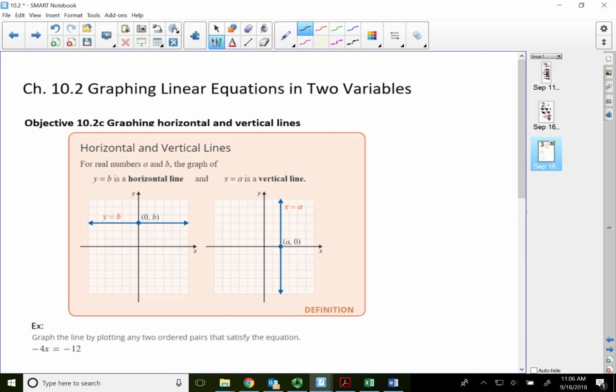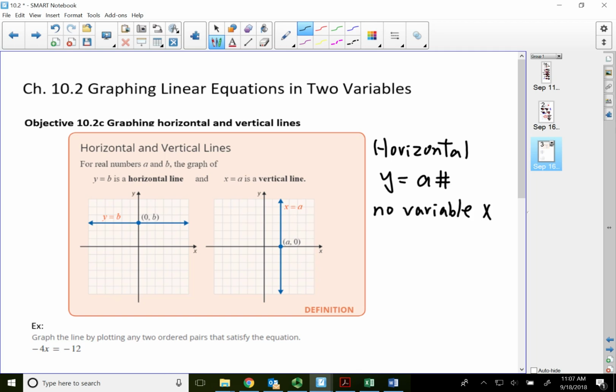So what that means is a horizontal line should always say y is equal to a number. That means there is no variable x in your equation.